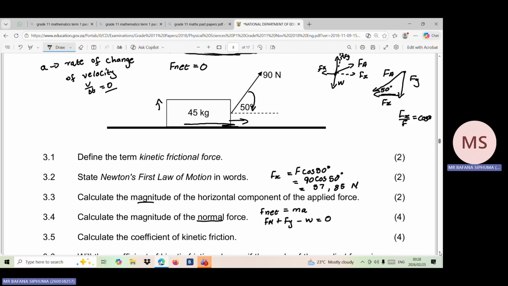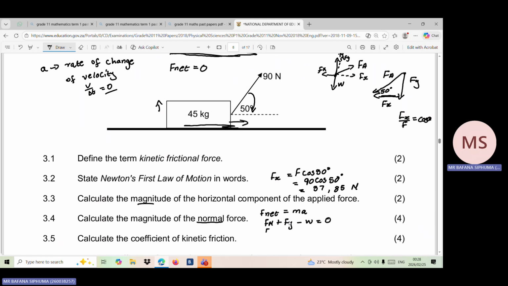They're asking for the normal force, but do I actually have everything that I need? I have Fy, I can find it, and W, I can also find it. That means I make Fn the subject of the formula.